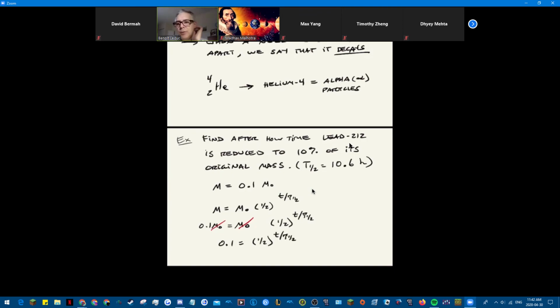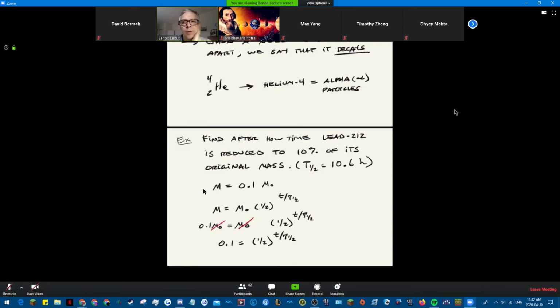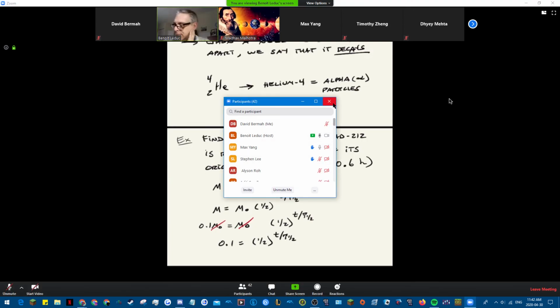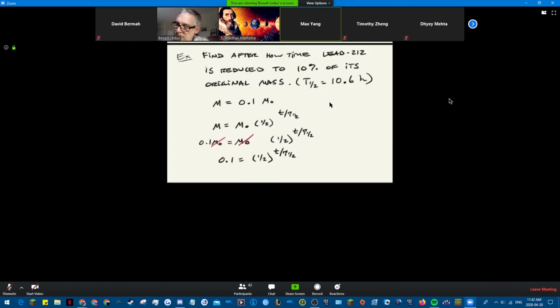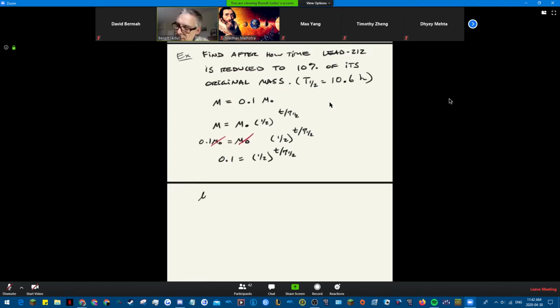Now, does anyone know how to bring the t down, because it's an exponent? What do we do, guys? You should have learned this. Yeah, Max, there we go. Logarithm. Yeah, we do exactly this. So you take the log on both sides.